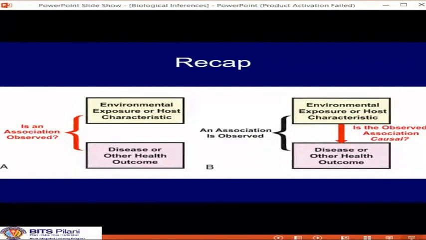And you may find that the risk of cancer is 2 times or 3 times among those exposed to a nuclear explosion. Does that mean nuclear explosion caused cancer? And that is where we move from an observation or association to causality. And that's the story of today's class.